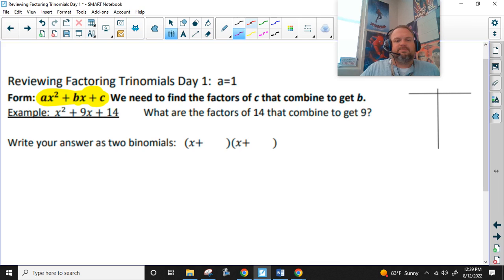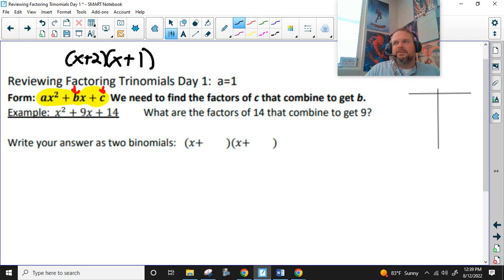All right, so we're asking ourselves, what are the factors of this number that when we combine them, we get this number. Now, the reason why is because, like before, you would have something like this.